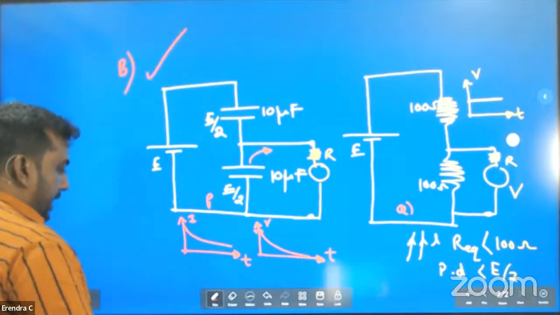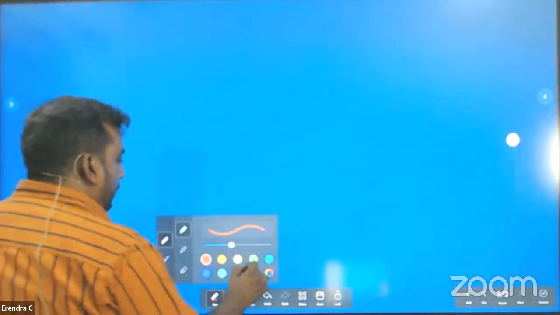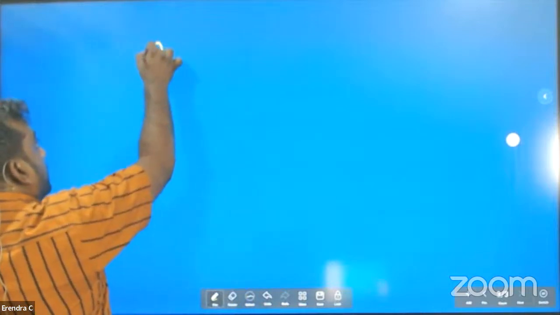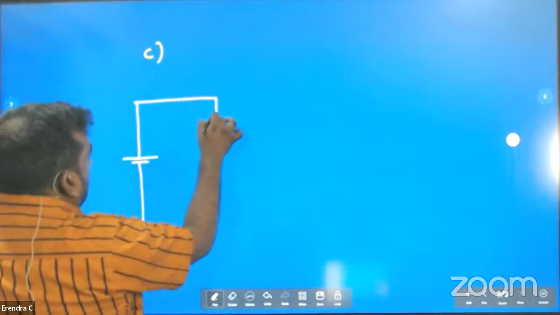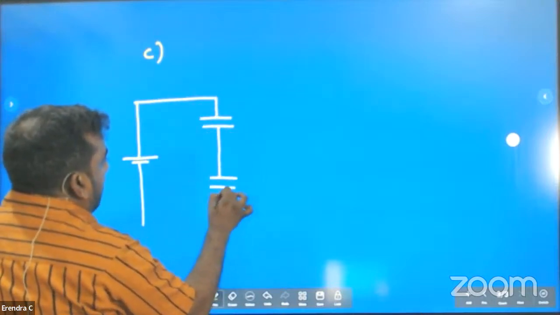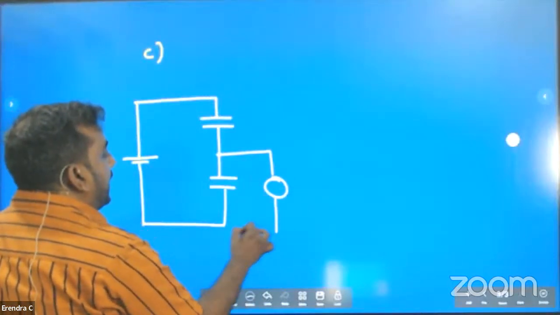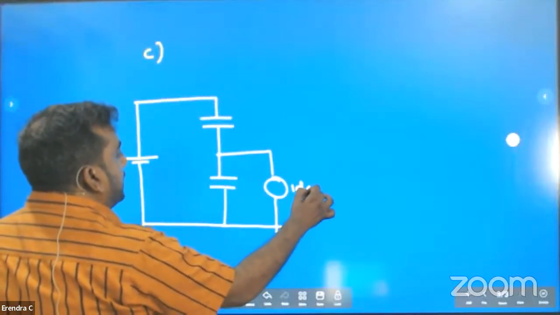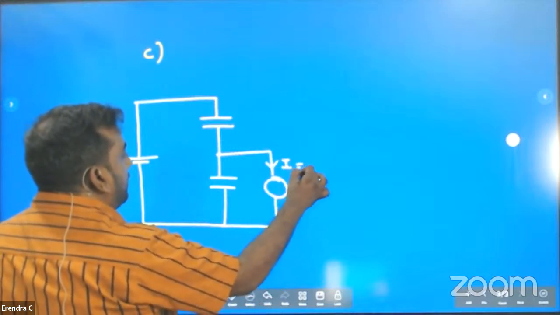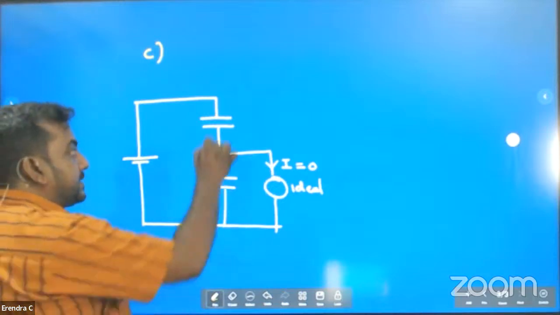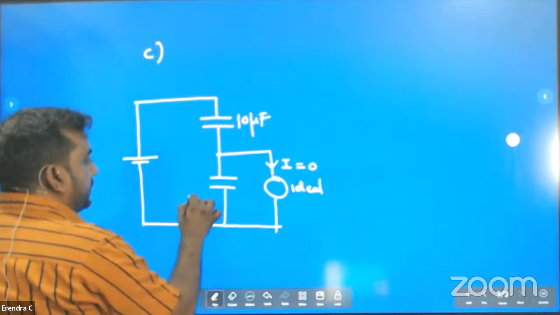Right. Now, part C. What is part C? Here capacitor is there, here capacitor is there. If I connect the ideal voltmeter, ideal means infinite, that current is going to go through, or the charge is going to go through straight.